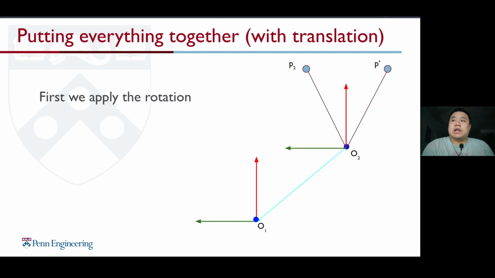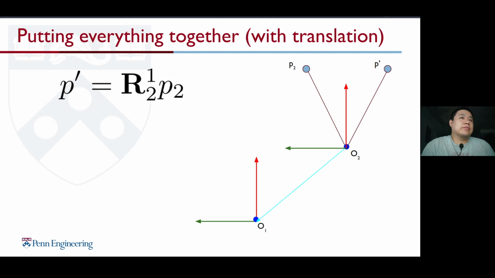We rotate the reference frame 2 to get a p prime, and then we figure out the same way that we did before, where p' is going to be the transformation from frame 1 to frame 2, the matrix multiplied by the vector p2.